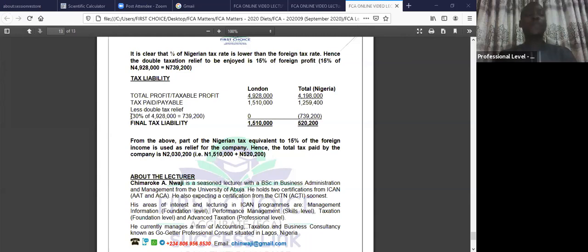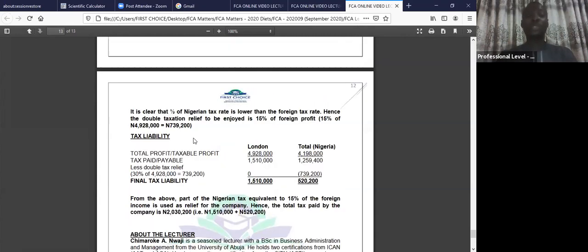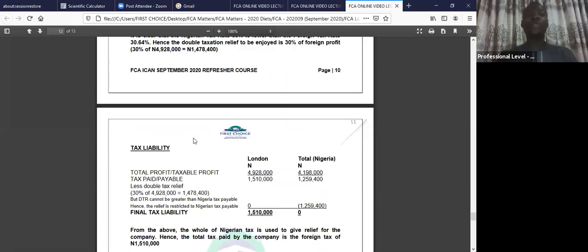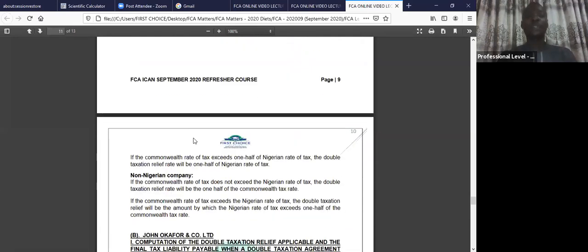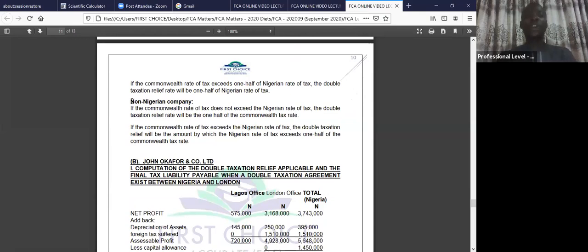Somebody said I should recap on the foreign country in Nigeria. There is nothing to recap there. All you need to do is just read this. Non-Nigerian company. It states here that if the Commonwealth rate of tax does not exceed the Nigerian tax rate, that means if it is smaller than the Nigerian tax rate, what will you use as your double taxation relief?